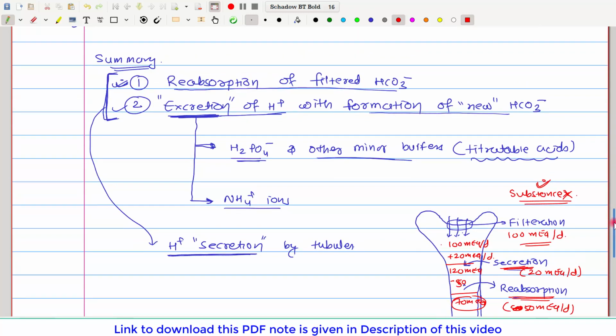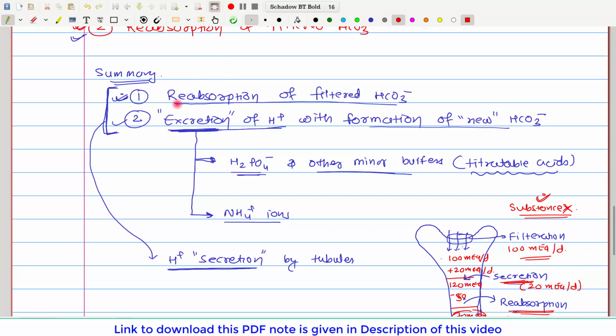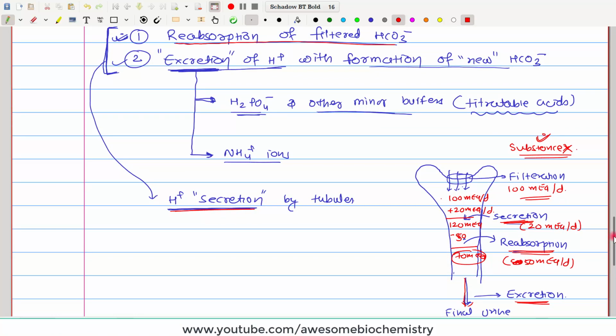So now coming back to this point. If the kidney wants to reabsorb the filtered bicarbonate, it has to do H plus secretion. What does it mean? It means that the story starts with H plus secretion. Then there will be a couple of events which finally lead to reabsorption of bicarbonate.